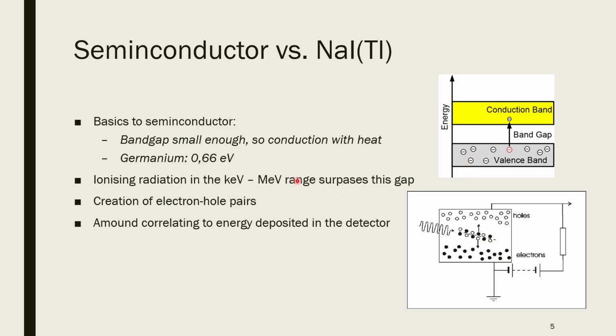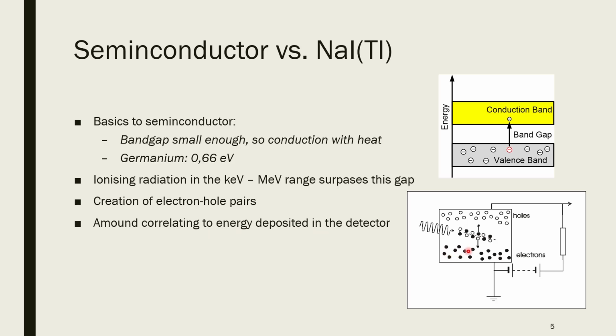Meaning that if one gamma radiation photon hits a crystal, it will not produce just one electron-hole pair, sometimes called excitons, but it will produce many of these excitons. And the amount of excitons created is greatly correlated to the energy deposited in the detector.